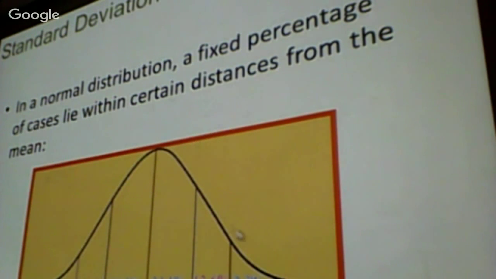So if this is a distribution of MCAT scores, and the typical mean is over here, and you score 1 standard deviation below the mean, you are better than 13.6 plus 2.3, so about 16% of the people. If you score 1 standard deviation above the mean, then you got about 84% better than everybody else. So 50% plus 34.1. Okay.